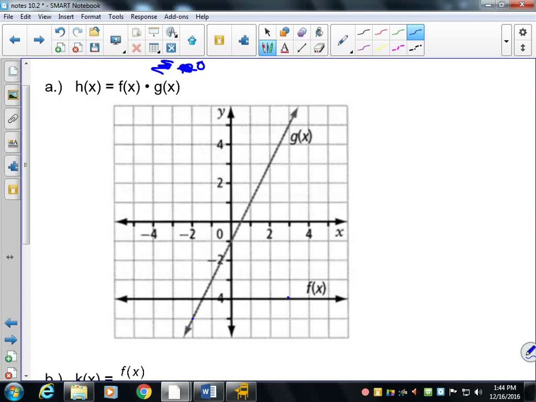This next one here at negative 1 is negative 4 and negative 3. Negative 4 times negative 3, positive 12. Way up here, positive 12. Hopefully you would have a big enough graph to draw this, right? But we don't for some reason, because your teacher is silly sometimes. Negative 4 times negative 1, positive 4.